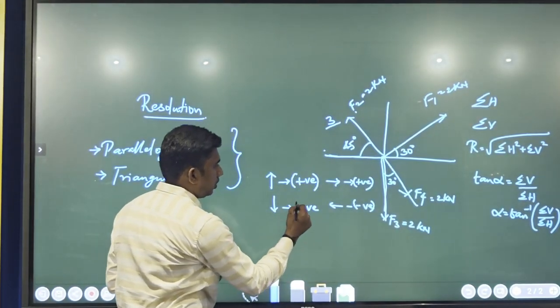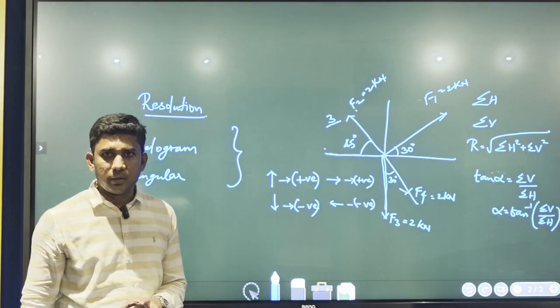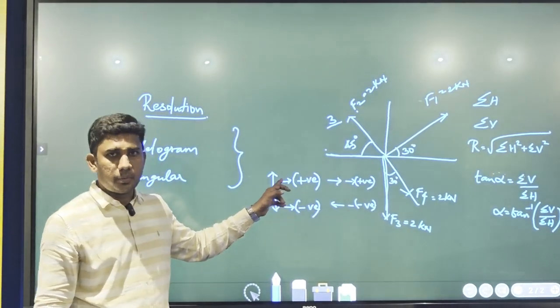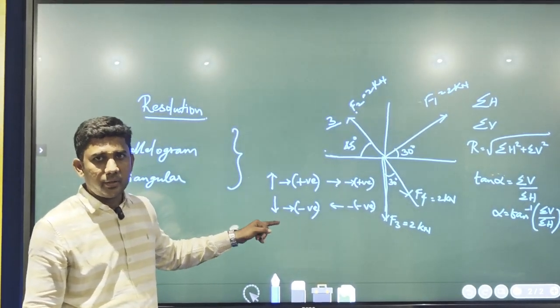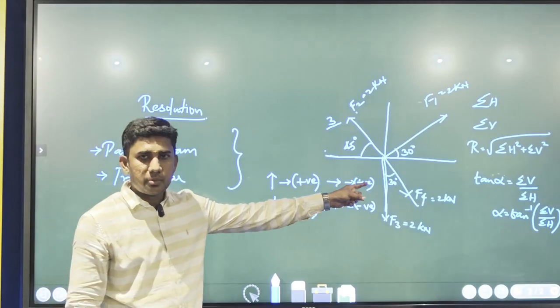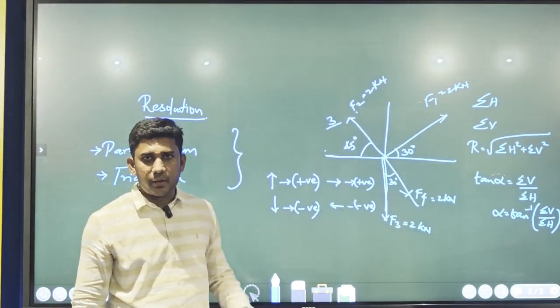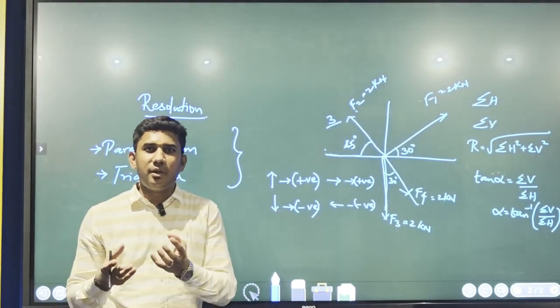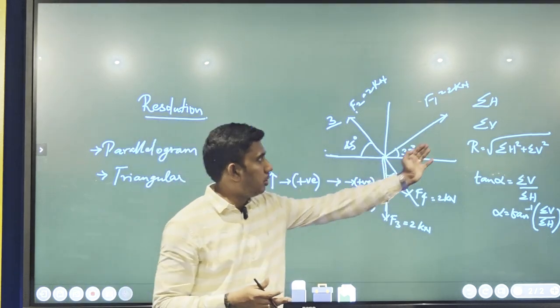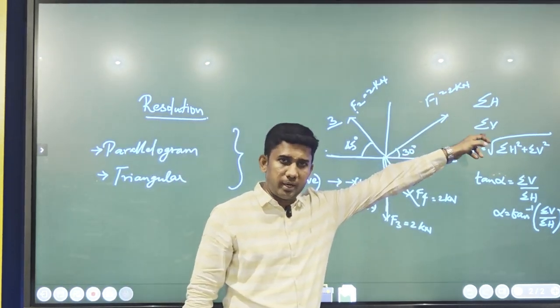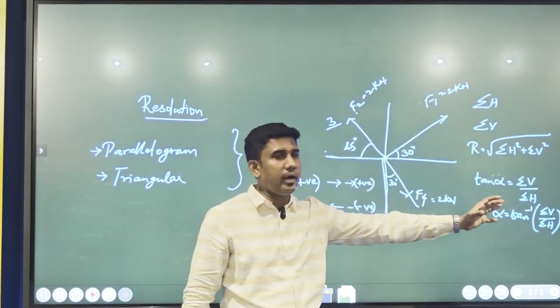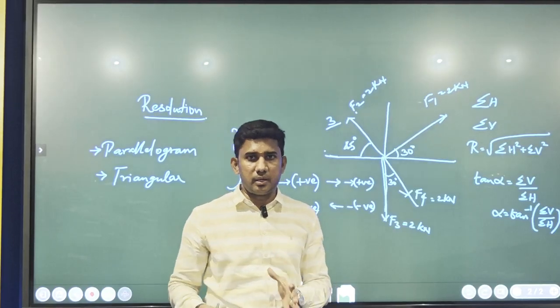If I know this sign convention, it will be easy for me to resolve all the forces horizontally and vertically, and I can find out the resultant and the direction of inclination of the resultant.